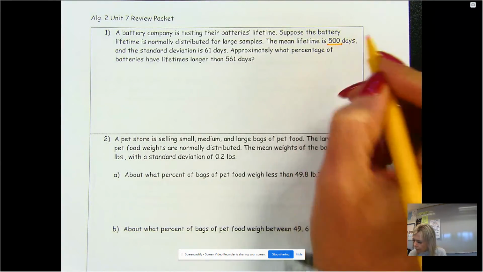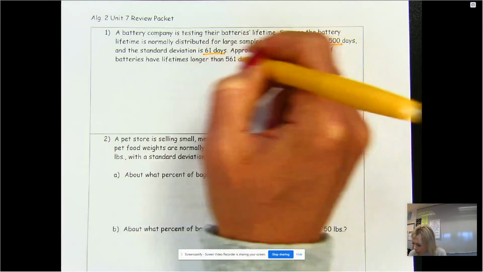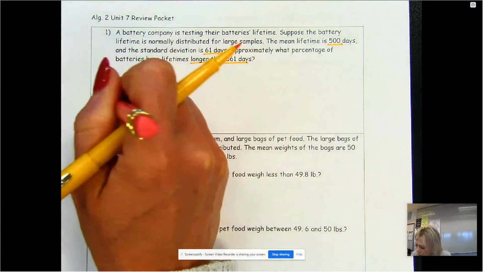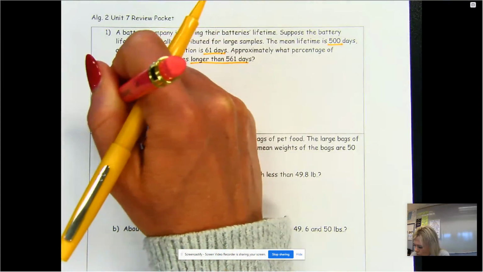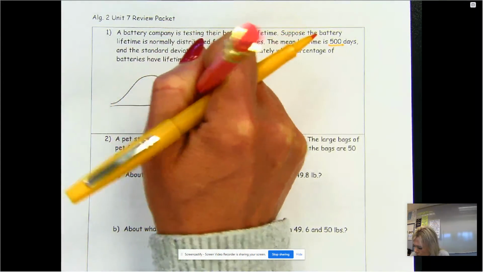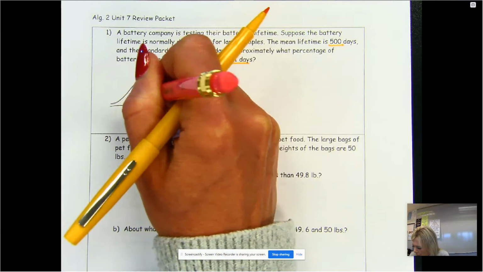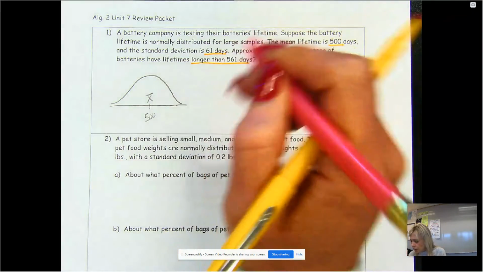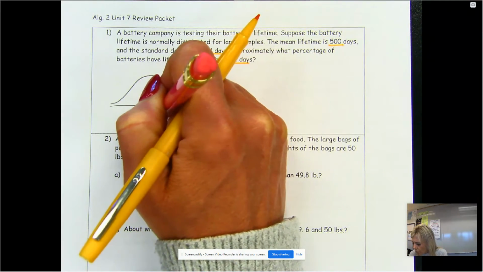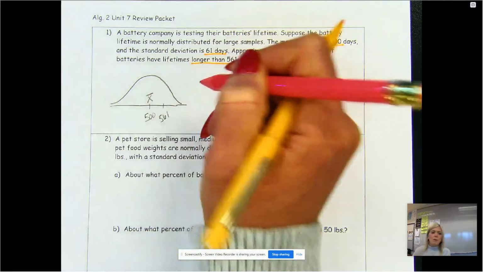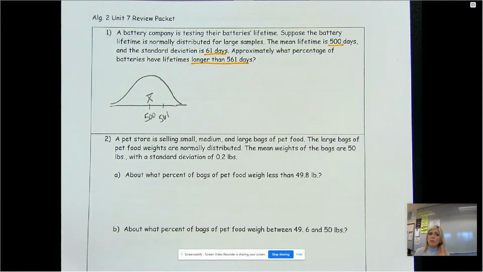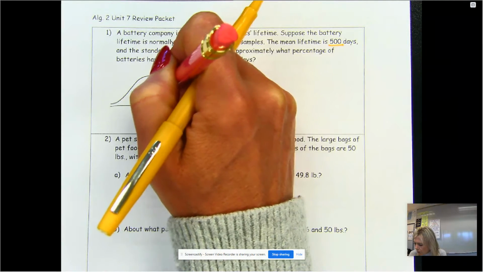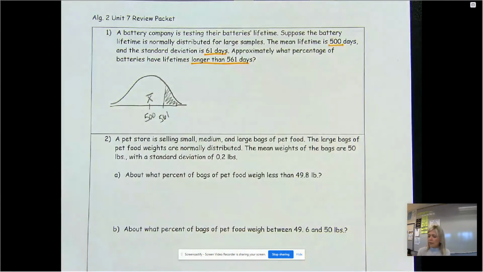So here's our mean, standard deviation, and we want to know longer than 561 days. So if we draw this out, our mean is here in the middle, the mean is 500. And with a standard deviation of 61, 561 is just one standard deviation above the mean. And so we want to know longer than 561 days, from here this way.